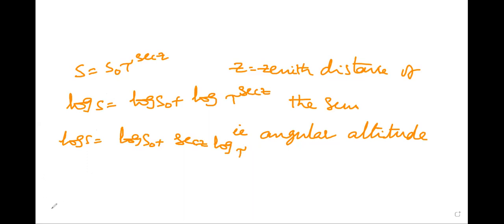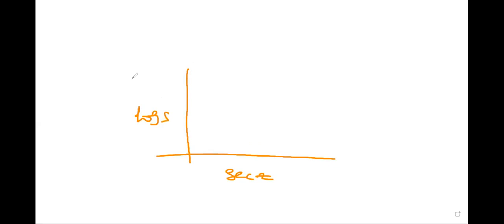From the experimental data we can draw a graph between secant Z and log S. Here log S0 is the initial value, the intercept.